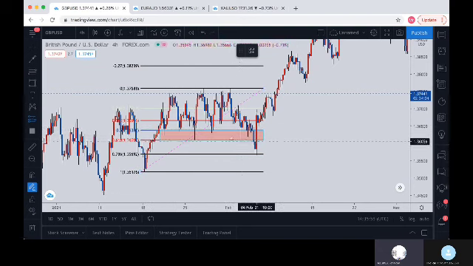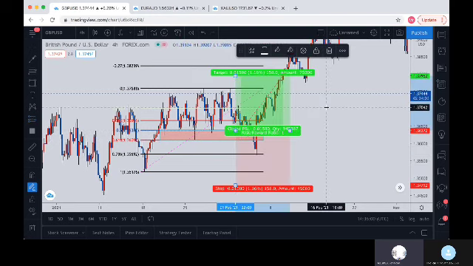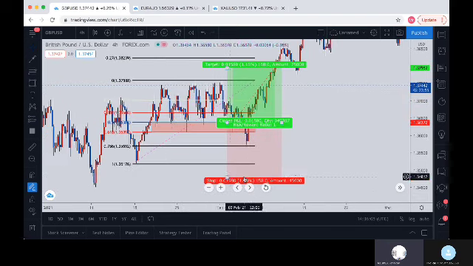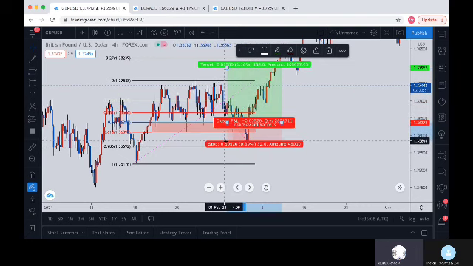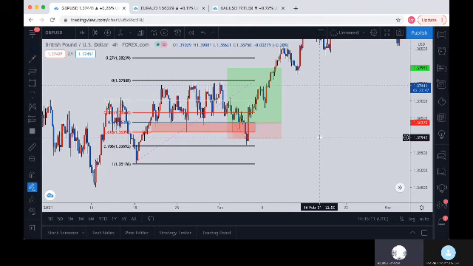So it's like, oh yeah, really good entry. I'm gonna buy here, and then I'm gonna put my stop loss below the 61.8 somewhere, maybe here. I don't want to risk too many pips, and then something like that happens.